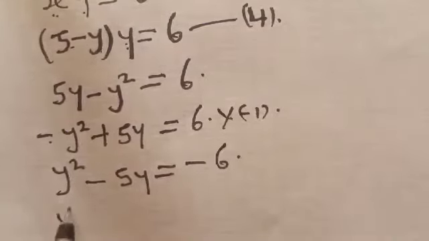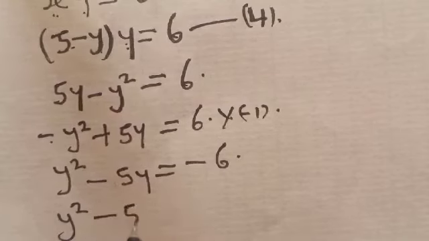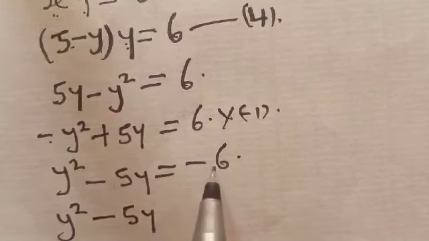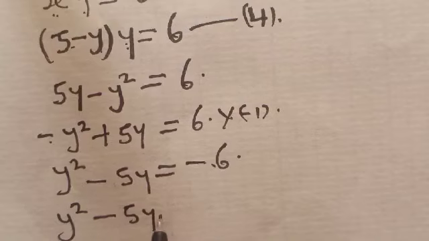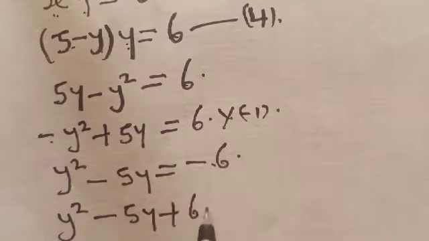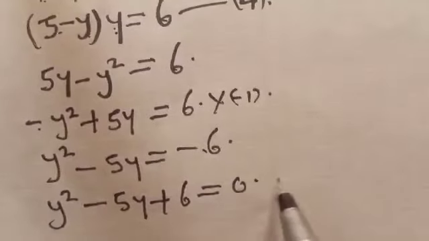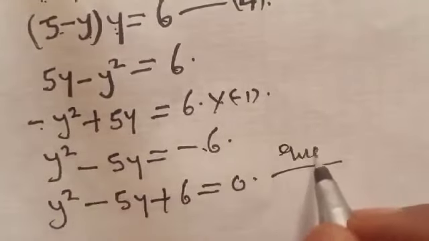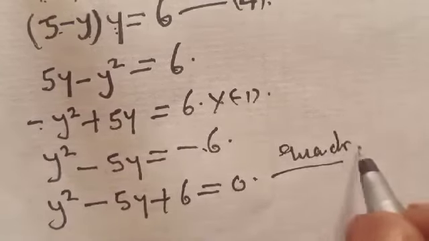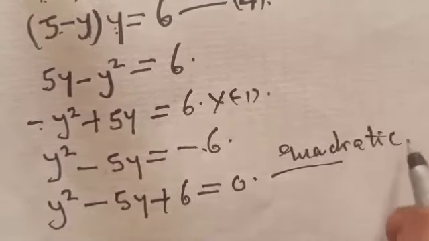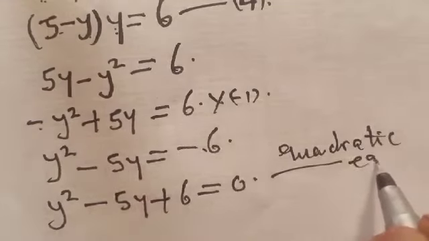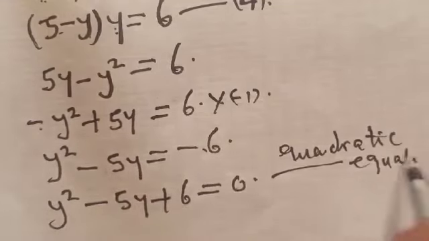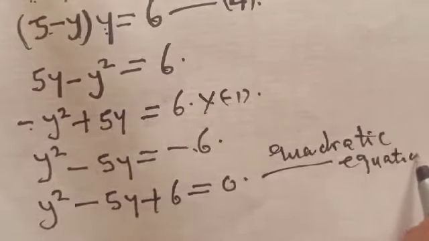Then we have y squared minus 5y. If this minus comes to this side, it will become plus 6 equal to 0. This is a quadratic equation.